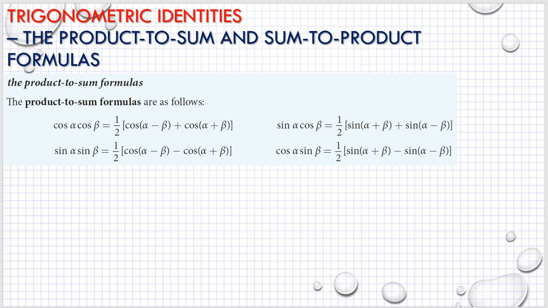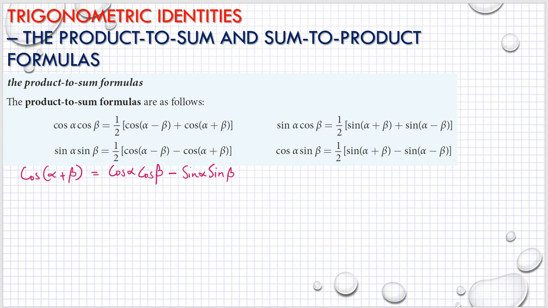We know that cosine alpha plus beta is equal to cosine alpha, cosine beta, subtracted by sine alpha, sine beta.